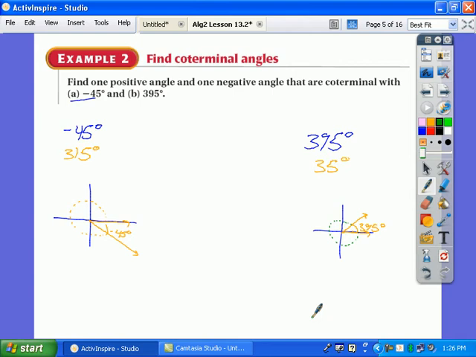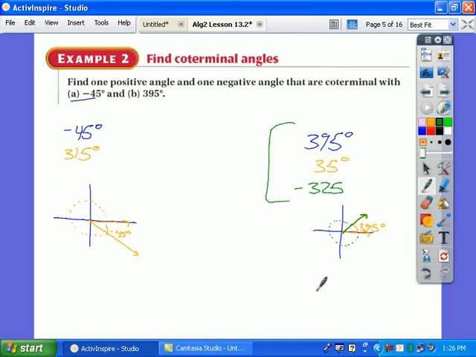So when we think about the way the negative works, negative 35 is only going to take us down here, so it's not going to get us all the way back around. If we want to go all the way around this direction, we talk about that angle as negative 325. And all three of these angles measure the exact same outcome. They all get you the same direction, namely this way. And that is the idea of coterminal angles.